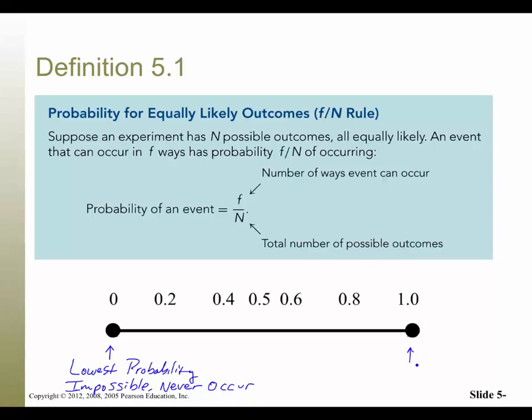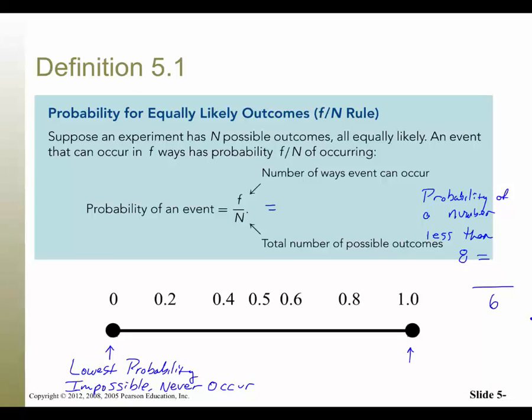What's the best we can do with probability? Like, what's the probability that you roll a die and get a number less than 8? You can roll a die, and it's going to be less than 8. How many possible outcomes? 6.